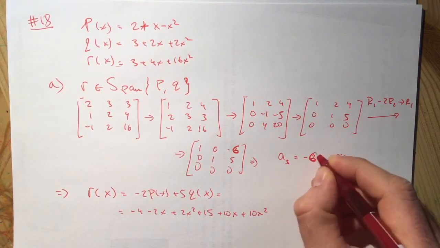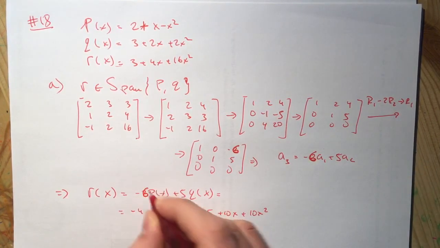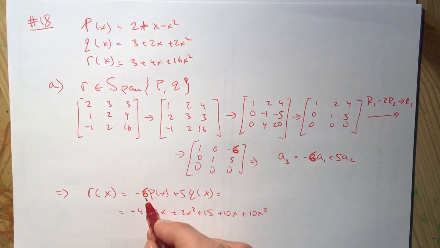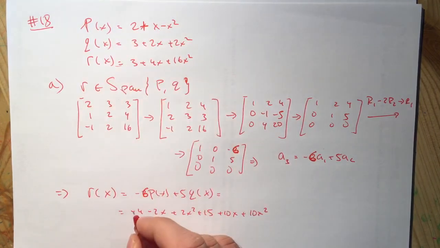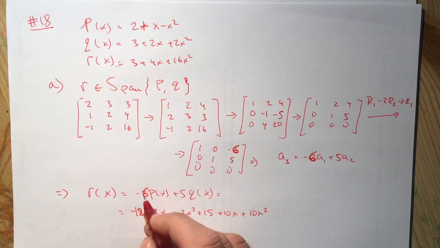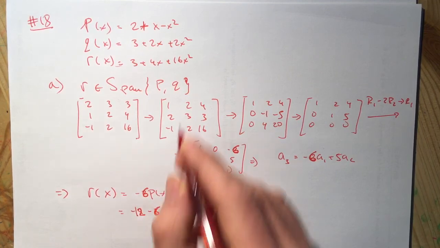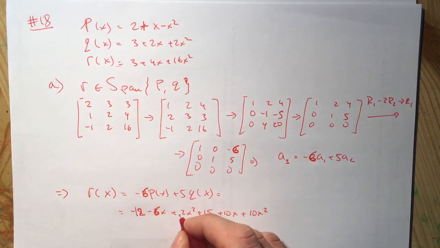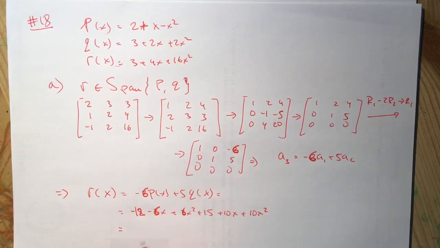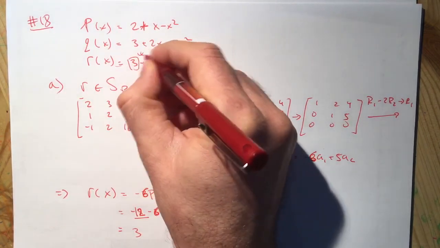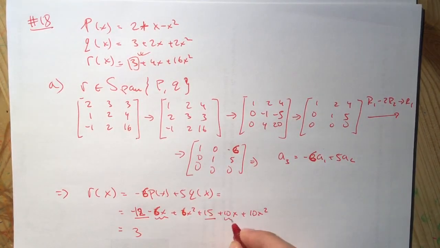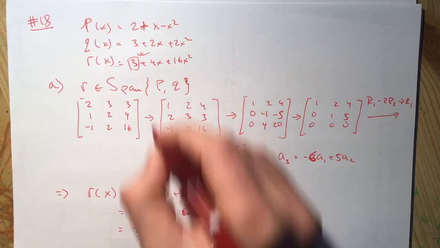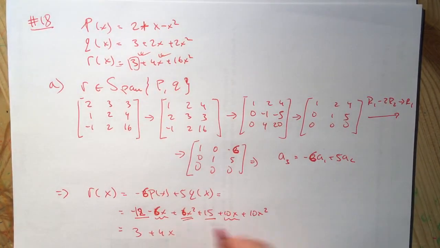So this is negative 6, so negative 6 here. So that's negative 6 times 2 is negative 12, minus 6x plus 6x squared. Now let's see what happens. Negative 12 plus 15 is 3, okay? Negative 6, that's plus 4x, good. And then this is plus 16x squared, as we have expected.